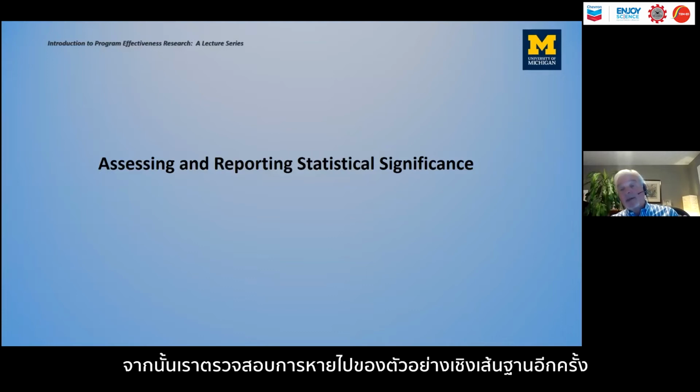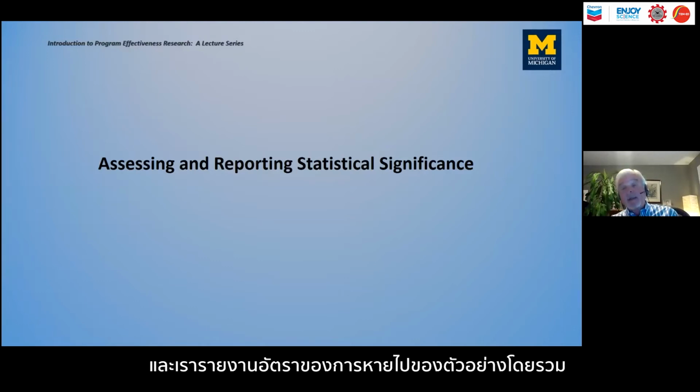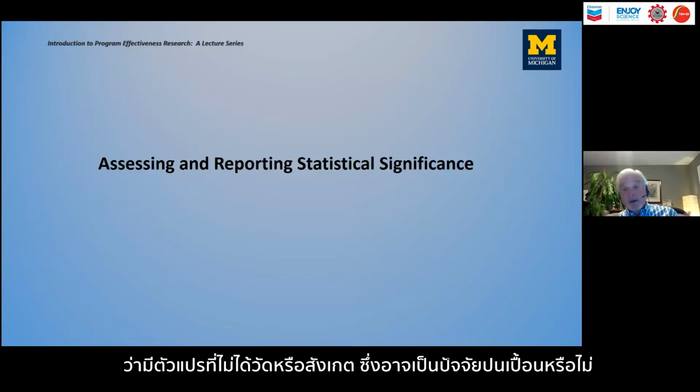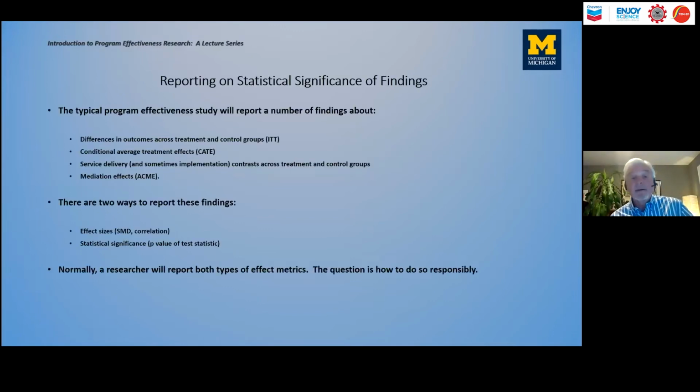We then checked again for baseline equivalence, only this time we used the analytic sample, and we report the rates of overall attrition and differential attrition so that readers can think carefully about whether there are unobserved covariates that might be confounding. Now we're ready to estimate the treatment effect.